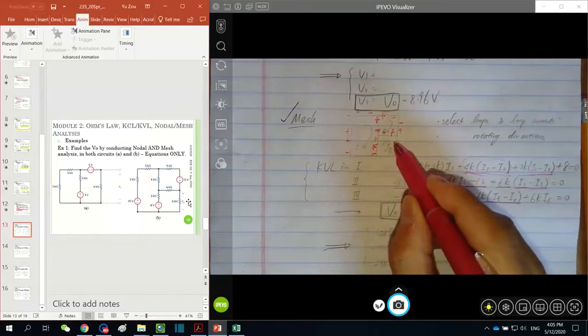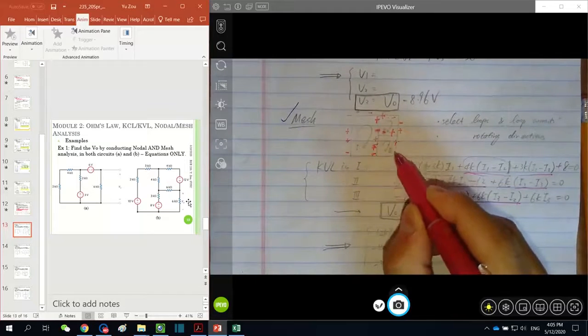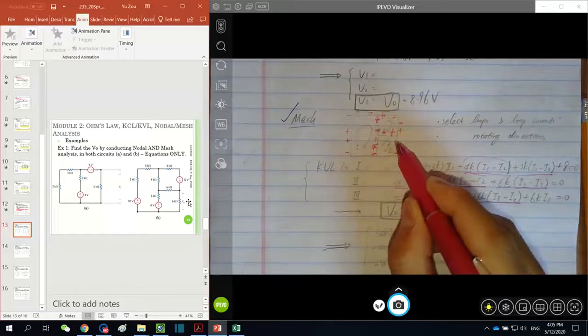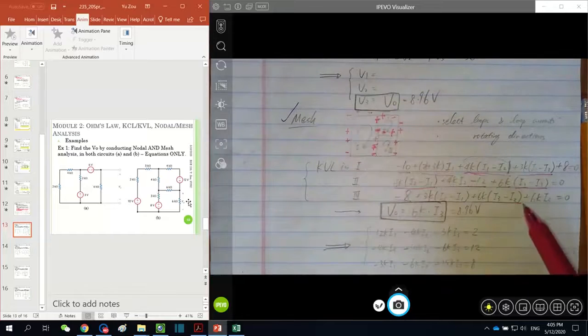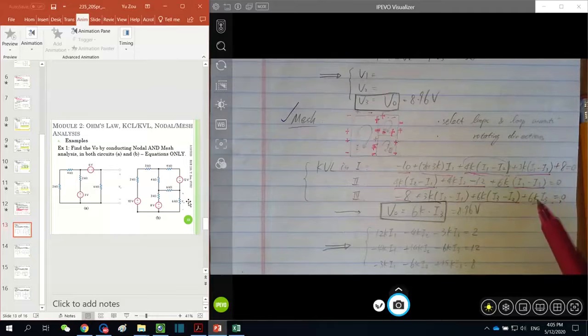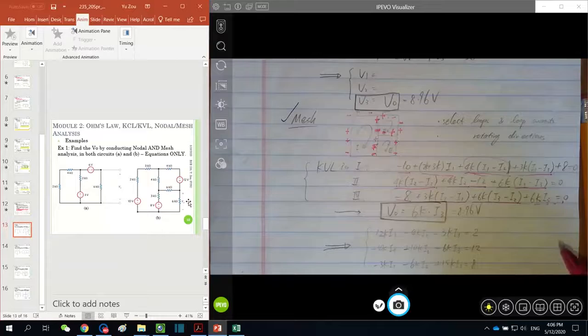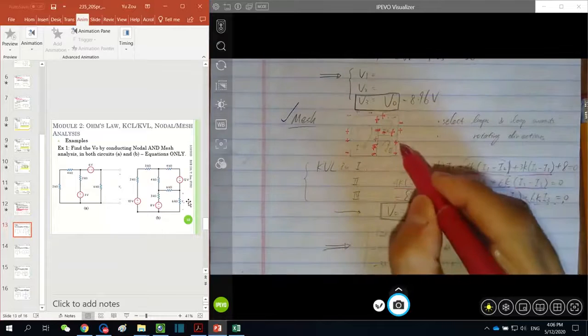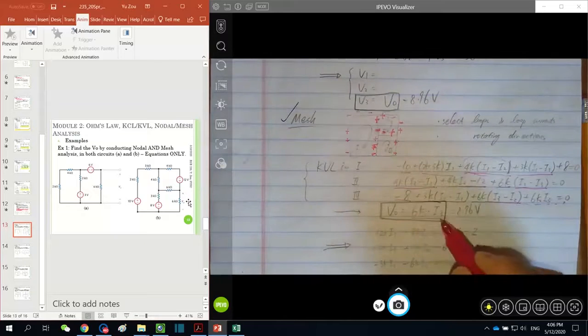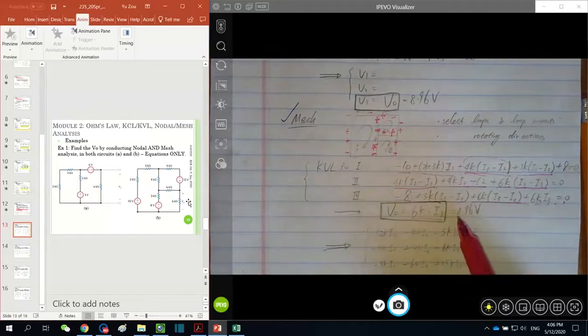And then last, you have another 6K. Due to I3, you have voltage polarity like this. So plus 6K times I3 equals 0. 3 equations and 3 unknowns, I1 through I3. And V naught equals I3 times 6 kilo. We end up with the same voltage value, 8.96.